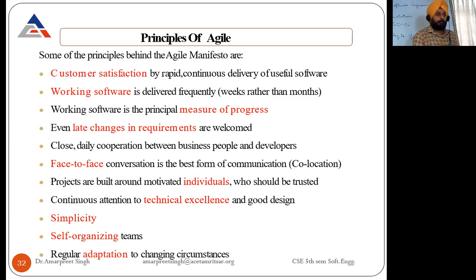So customer satisfaction by rapid continuous delivery of useful software. Working software is developed very frequently, not in weeks and months, very frequently, even in days also. Working software is the principal measure of progress.